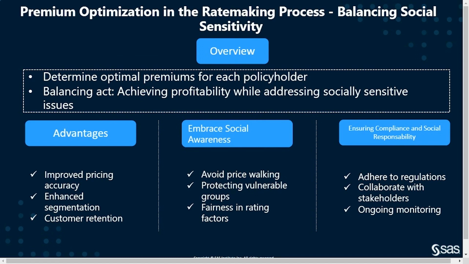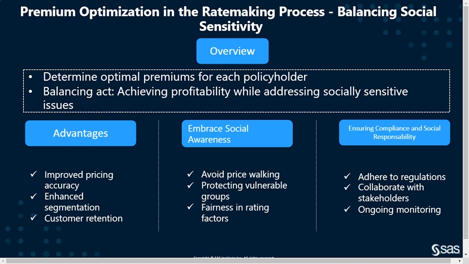The first one is that it helps you determine the optimal premium for each policyholder, but also helps you balance achieving profitability while addressing socially sensitive issues. Performing this technique, you always have to take several points into consideration, right?